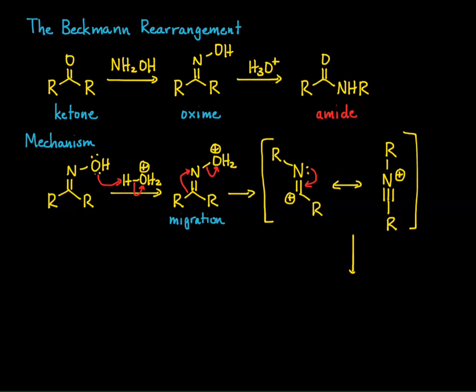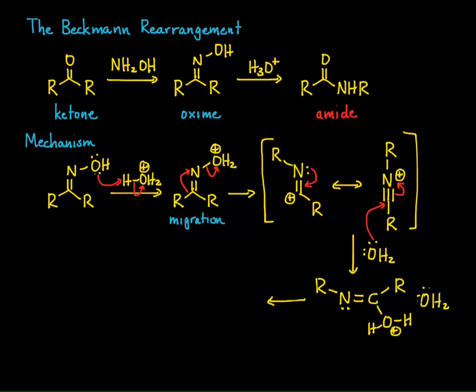Now, of course, in aqueous conditions, we have attack of the carbon by water, our nucleophile, and that carbon-nitrogen triple bond breaks. And so we form this species here. And you see that the water has to now be deprotonated. And of course, we can use another water molecule to deprotonate that. And the result is this structure here.